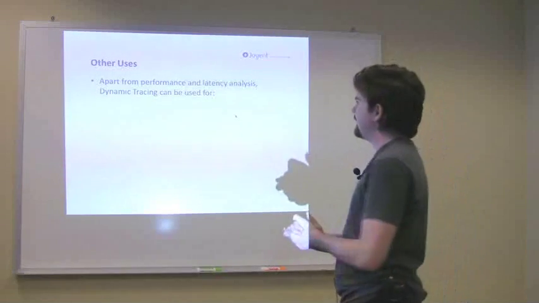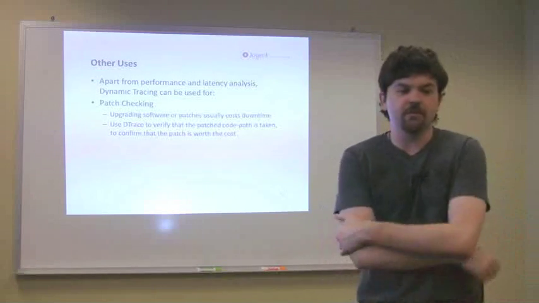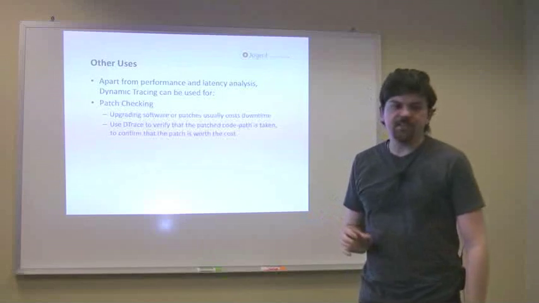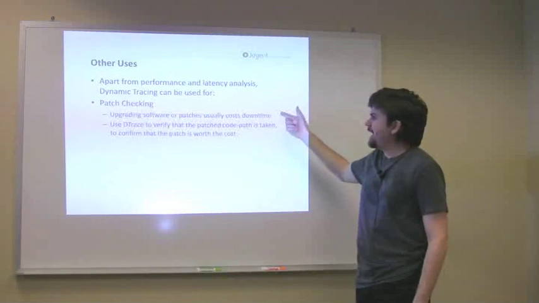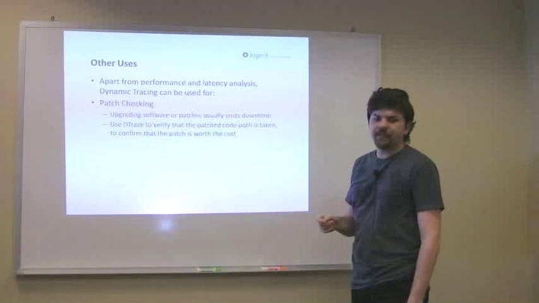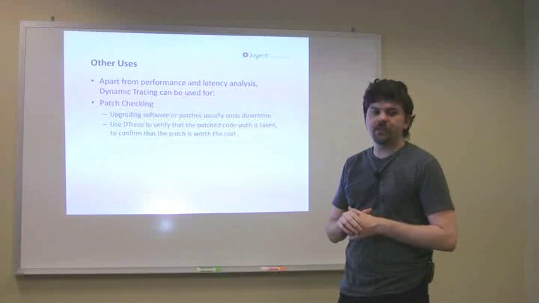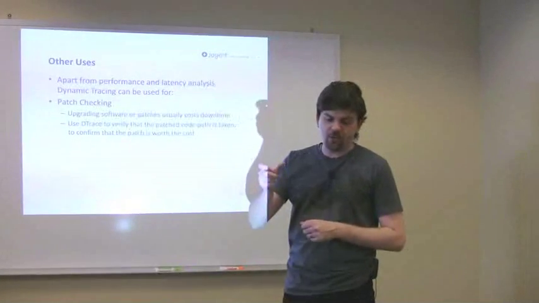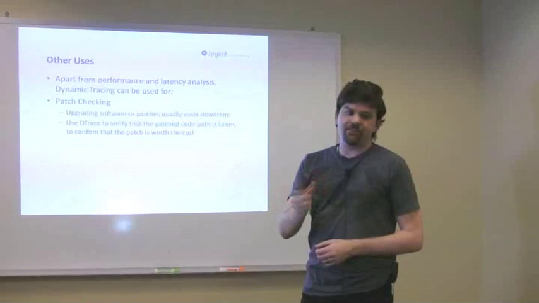Apart from performance and latency analysis, dynamic tracing can also be used for patch checking, which I wanted to mention. While I am using DTrace a lot for the cool performance things, patch checking is starting to prove itself useful as well. Last week I had a case where we didn't know whether a PHP patch was worth it, and we were able to use DTrace to confirm that a code path that the patch repaired was actually being taken.